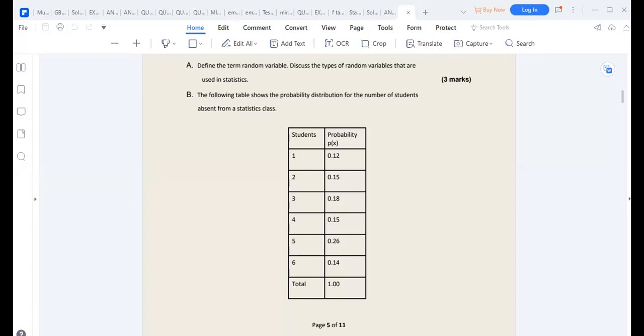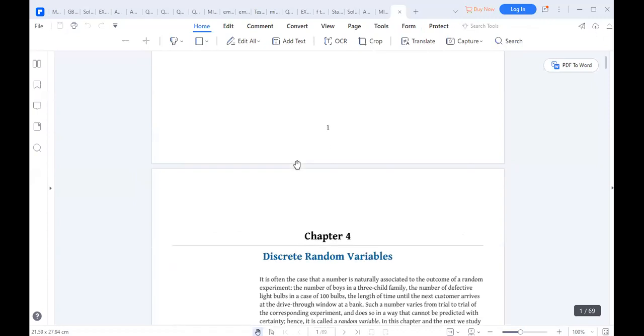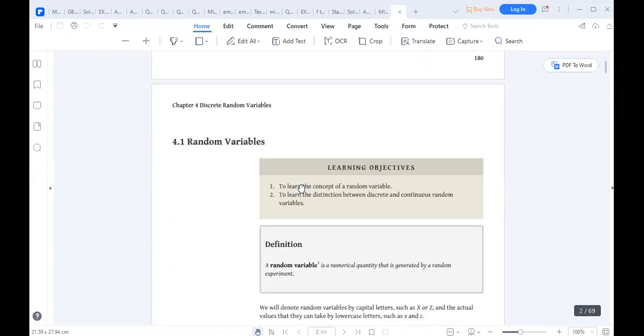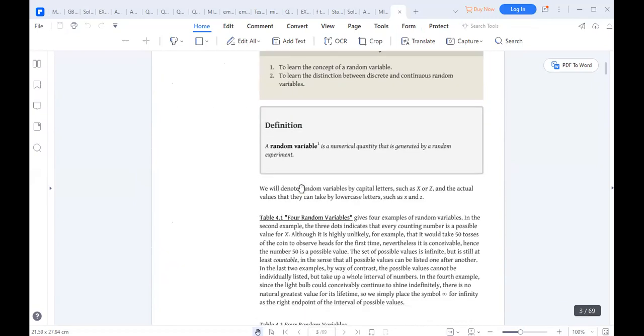Continuous variables, discrete variables. The binomial distribution. And the Poisson. So a random variable is a numerical quantity that is generated by a random experiment.